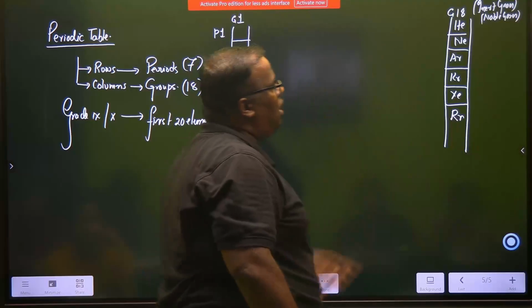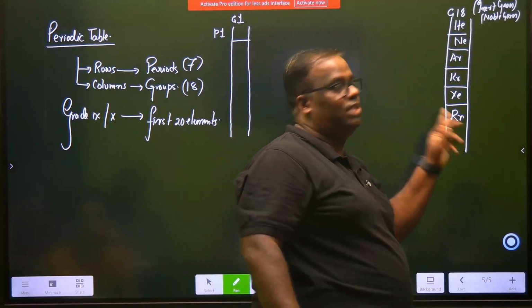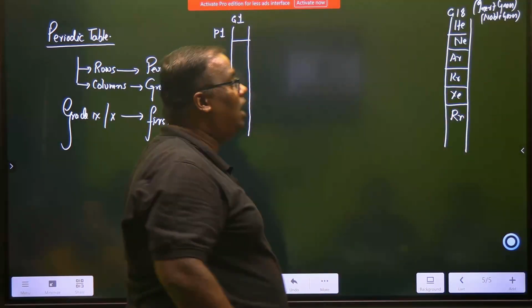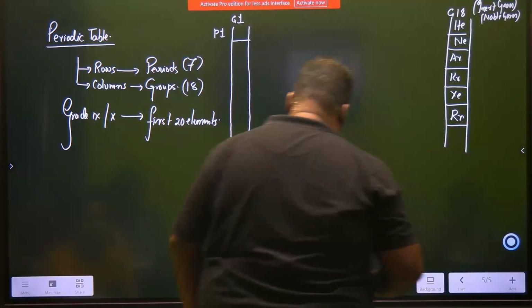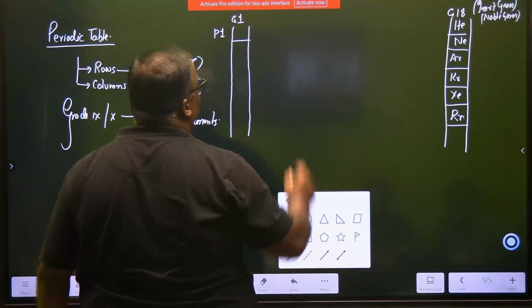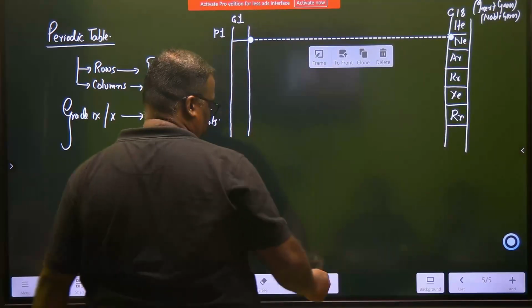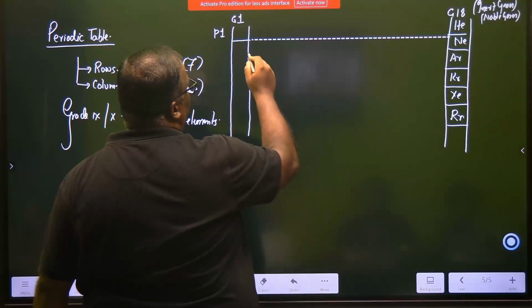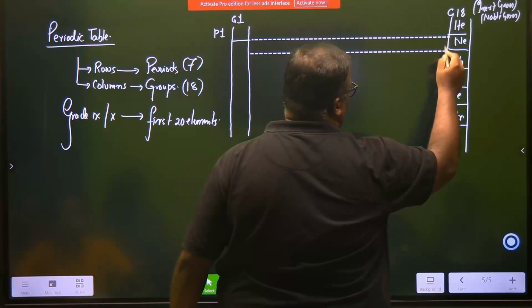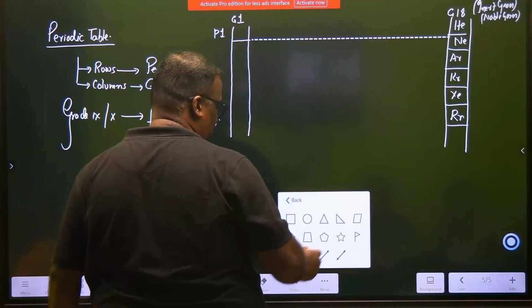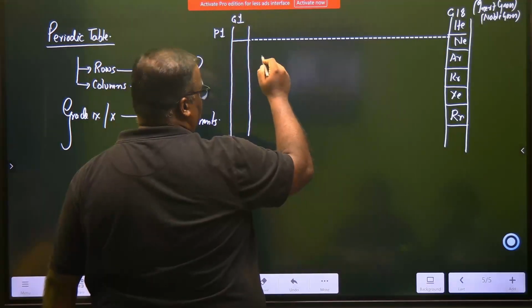So we are having 1, 2, 3, 4, 5, 6. We don't look beyond this, we haven't covered that yet. So obviously there should be something like this, and there should also be one like this. In fact, I will make this with a solid line.